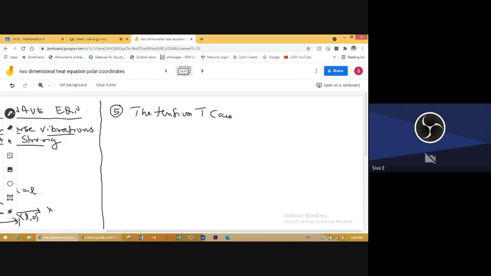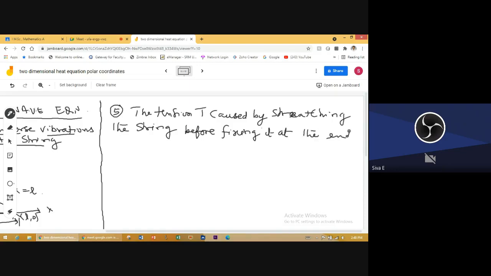The tension T caused by stretching the string before fixing it at the end points is constant.